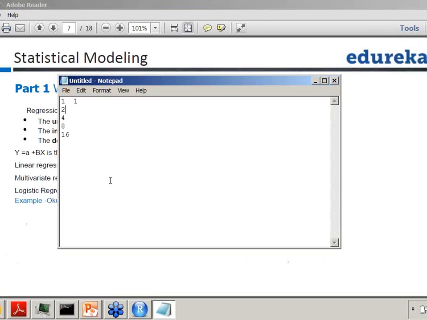But time ticks in linear. For example, today, second day, third day, fourth day, fifth day. So this is linear, right? Time is linear, and I'm just giving an example, whereas population is non-linear. This is exponential. So how do I relate these two?